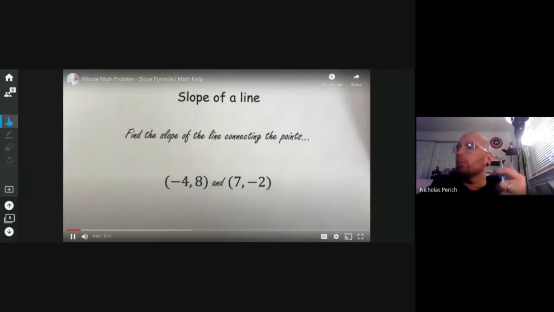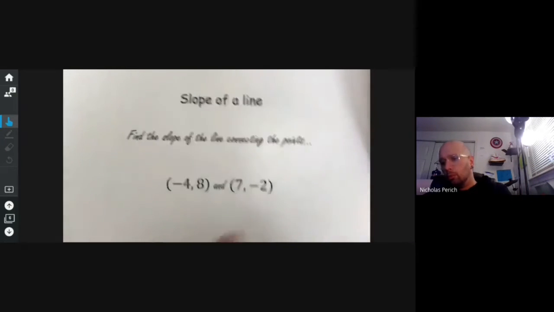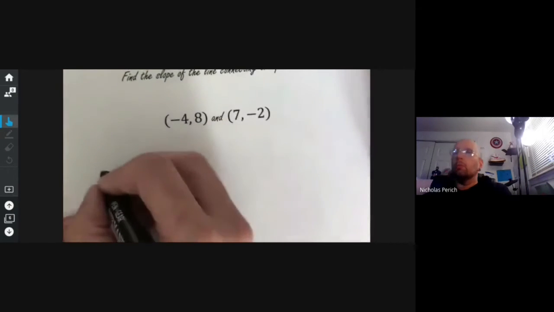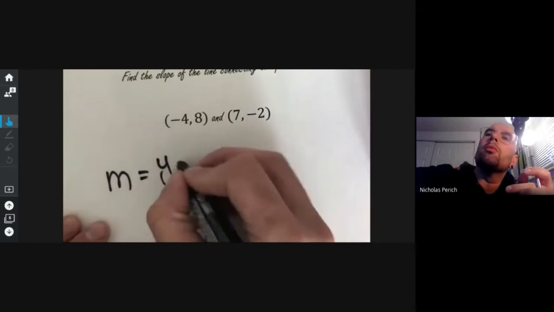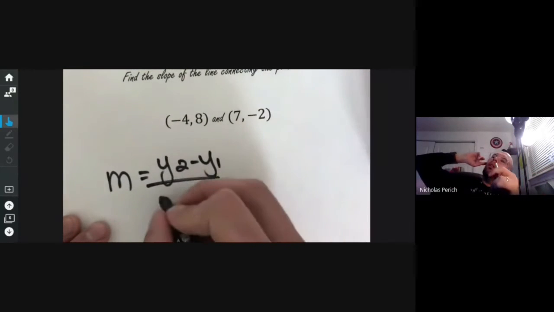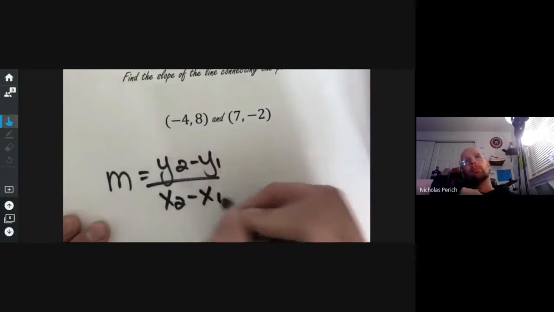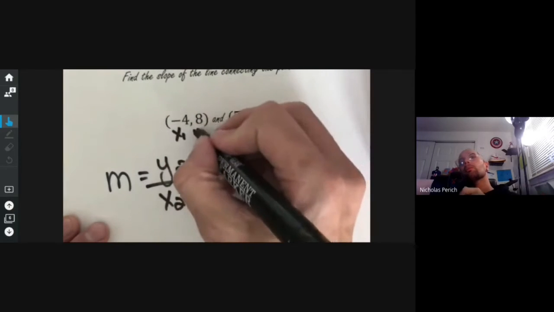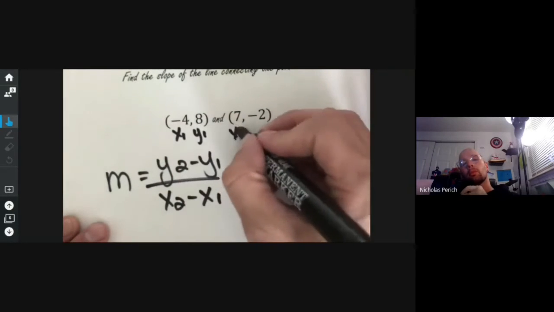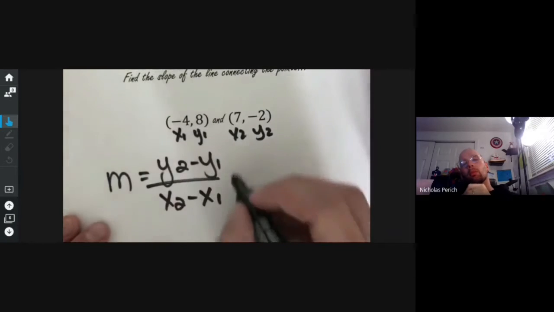All right, if I'm required to find the slope of a line connecting 2 points and I don't have a graph, I have to use what's called the slope formula, which is this guy right here. Now, before I use the slope formula, I'm going to label my points x sub 1, y sub 1, and x sub 2, y sub 2, and now I just plug them in.